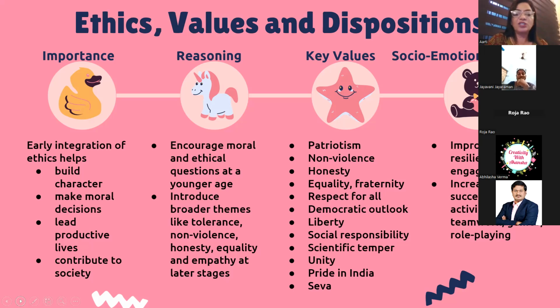And constitutional values are liberty, equality, fraternity, justice, tolerance, inclusion, and scientific temper. All these themes can be embedded so that we are able to create socially responsible citizens in future.